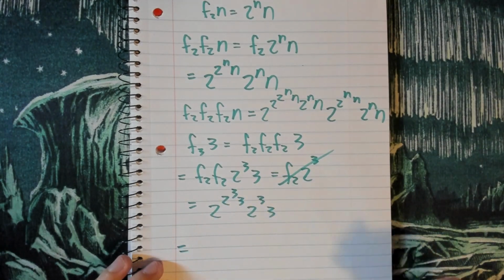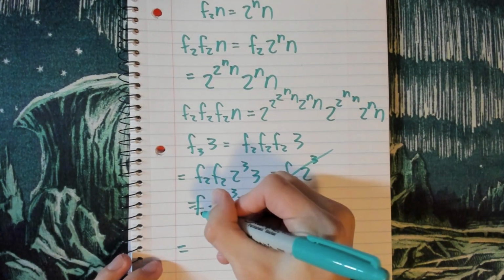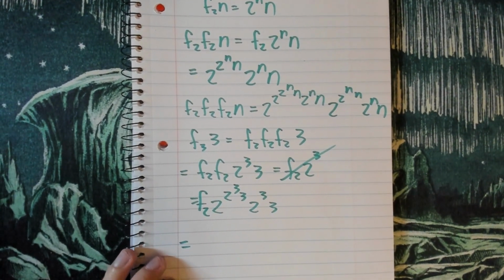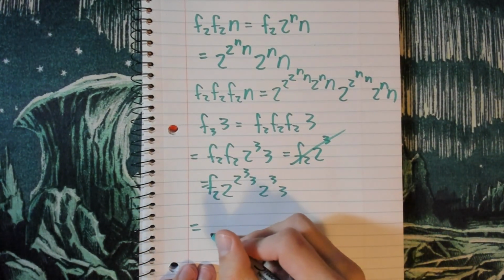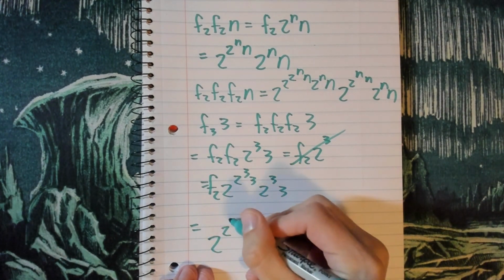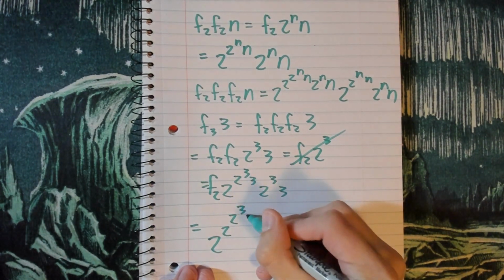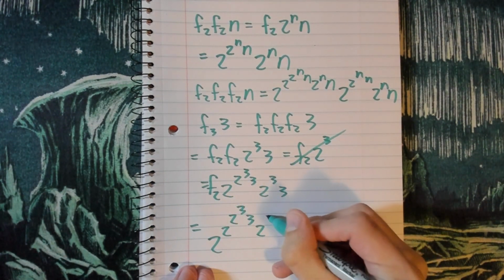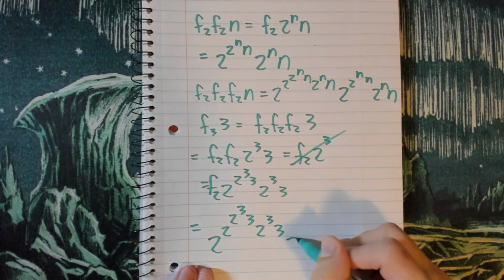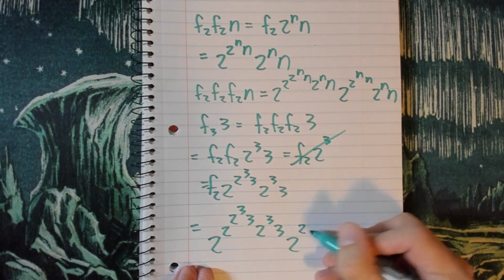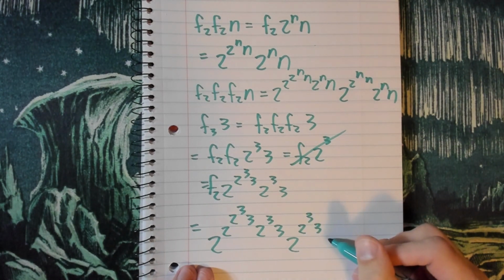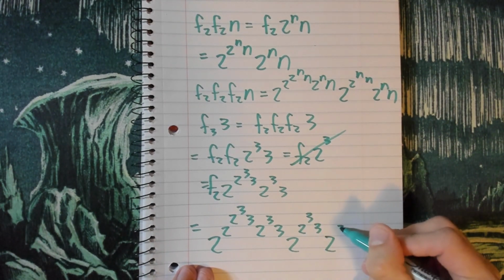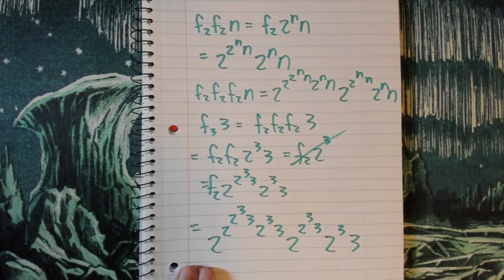And then f2 applied to all of that. Okay, sorry, I'm getting really messy here. Let's slow it down. So we're going to get 2 to the 2 to the 2 to the 3 times 3 times 2 to the 3 times 3 times 2 to the 2 to the 3 times 3 times 2 to the 3 times 3. Did I get that right?